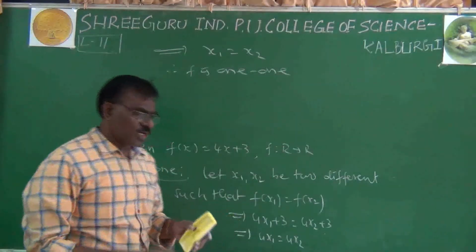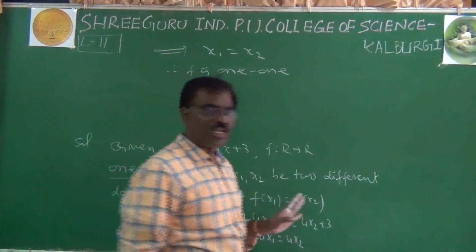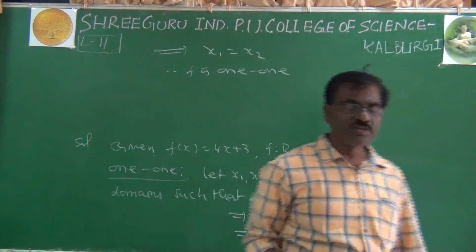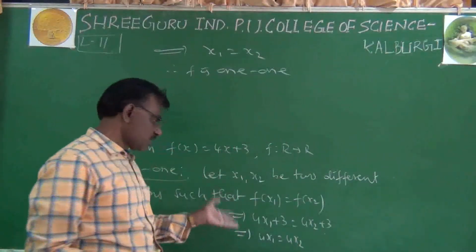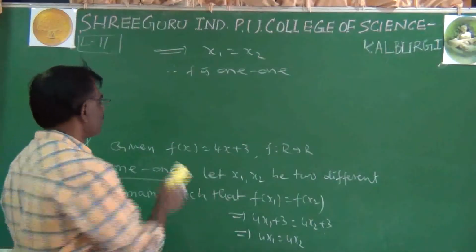Any function where we prove x1 equal to x2, the function f is one-one. So it is very simple. The plus 3 cancels, then removing 4, x1 equal to x2.